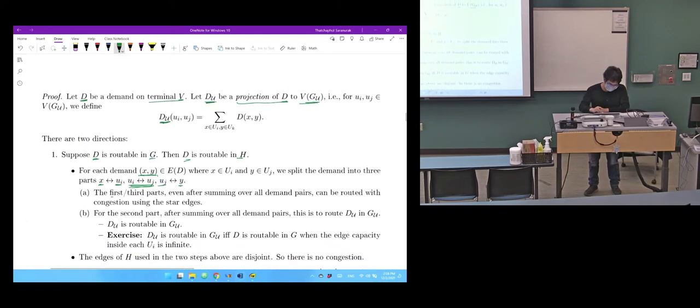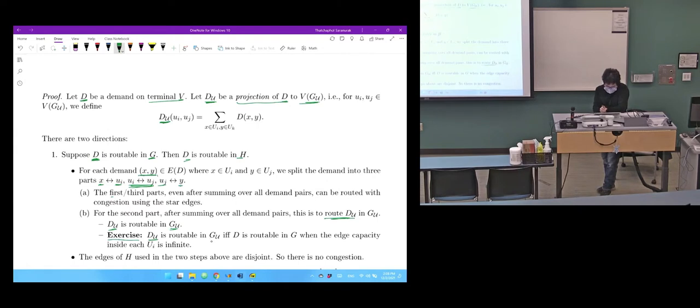But if D is routable in G, then D_U also needs to be routable in G_U. Actually, it's going to be easier to route D_U in G_U. So I will just claim this, and you can think about it, but it makes sense.